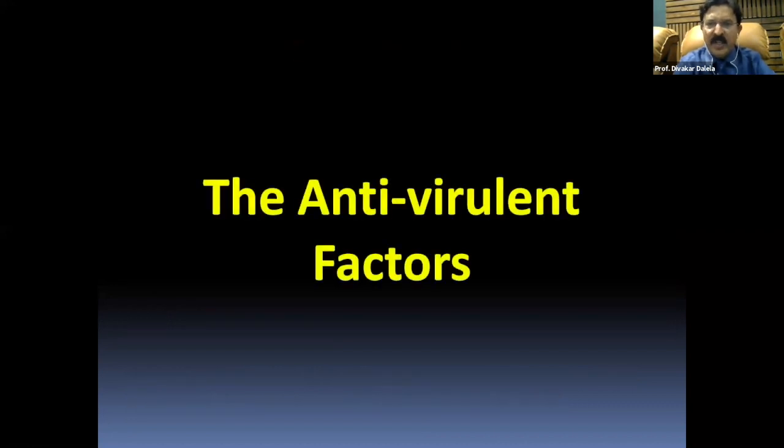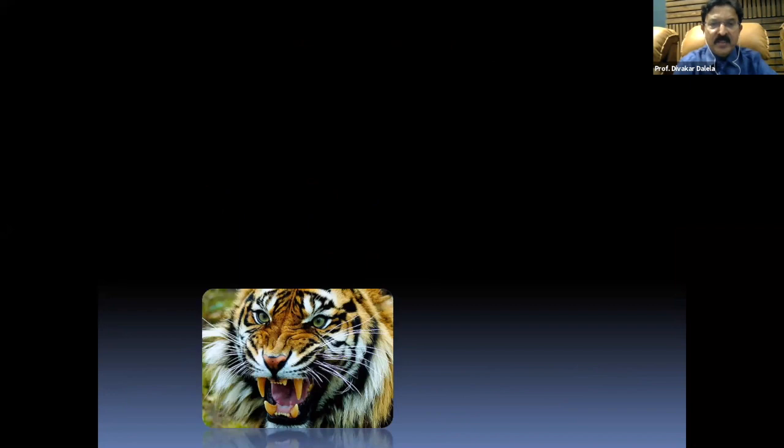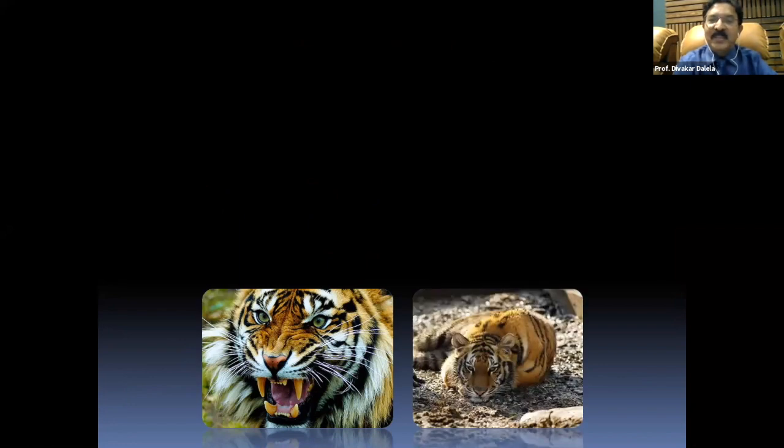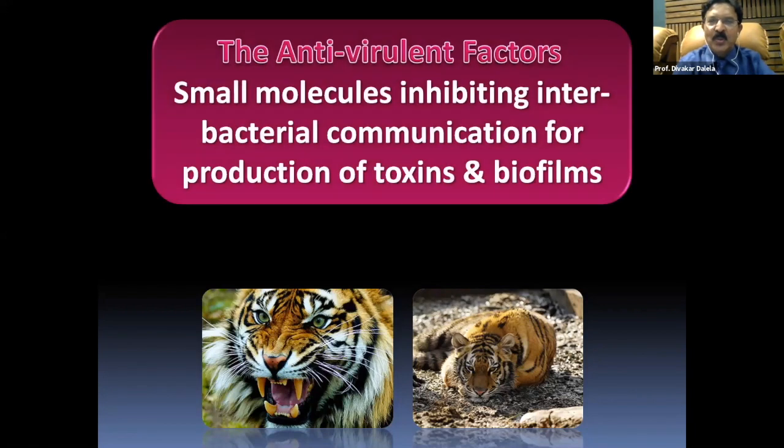But let me share with you another interesting concept of anti-virulence factors. If you look at a roaring tiger that starts jumping at you, you're scared. So what you want to do is tame the tiger, not kill the tiger, right? You want to reduce the strength of the tiger so the ferociousness is gone. So for this purpose, for bacteria we use what is called an anti-virulence factor.